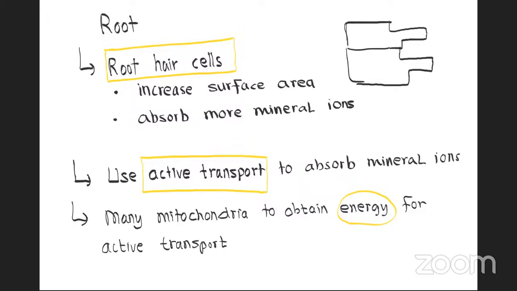Second point: root hair cells absorb mineral ions, and they rely on active transport. Active transport is a process that requires energy. Root hair cells have mitochondria, which release energy for active transport of ions into the roots.